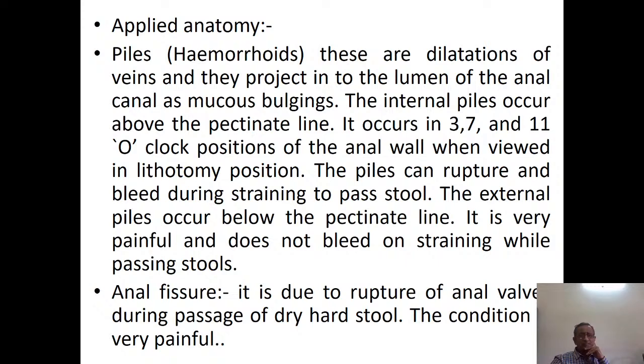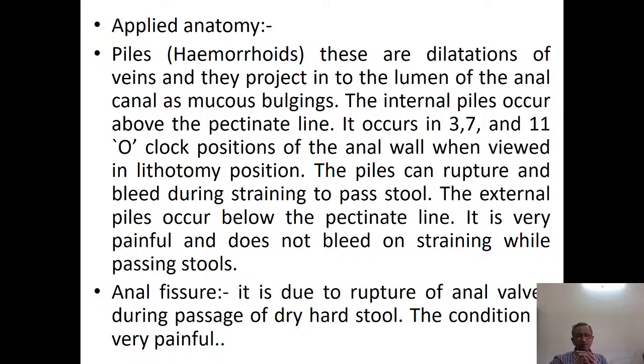They occur at the 3, 7 and 11 o'clock positions. If you imagine the anus as a clock, 3 o'clock is almost at the left side, then 7 o'clock is just right of the midline, then 11 o'clock is on the right side. So you see internal piles in these three positions: 3, 7 and 11.